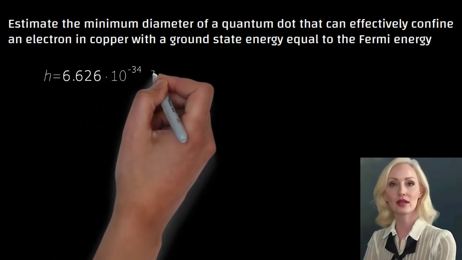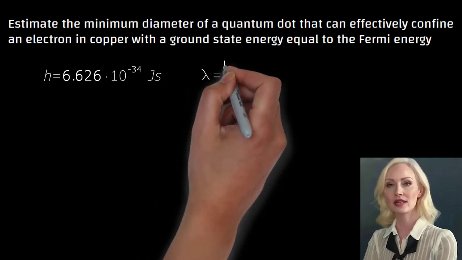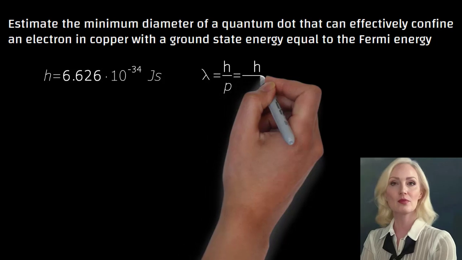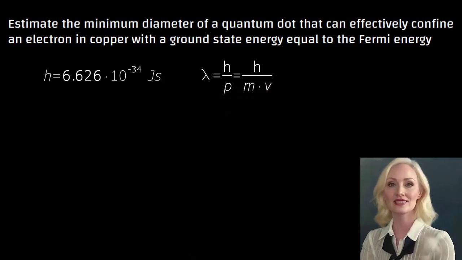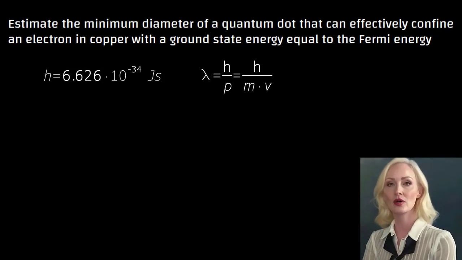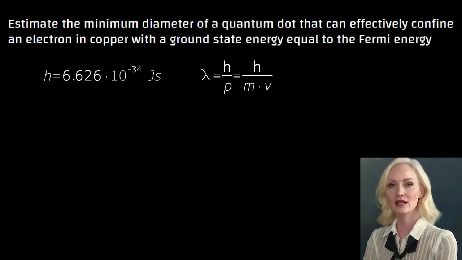Strategy 1. The wavelength of an electron, called lambda, is Planck's constant, h, divided by the electron's momentum, p. This momentum is equal to the electron's mass, m, multiplied by its velocity, v. For copper, free electrons at the Fermi level move at a speed of approximately 1.50 × 10^6 meters per second.